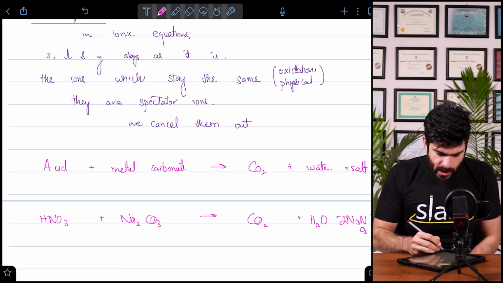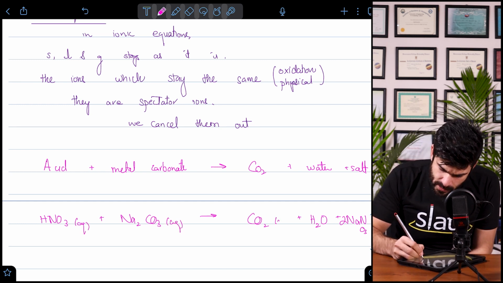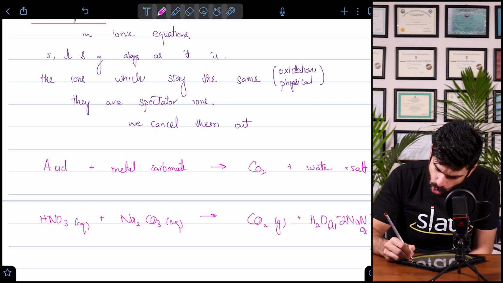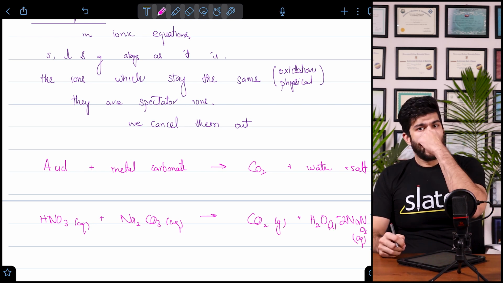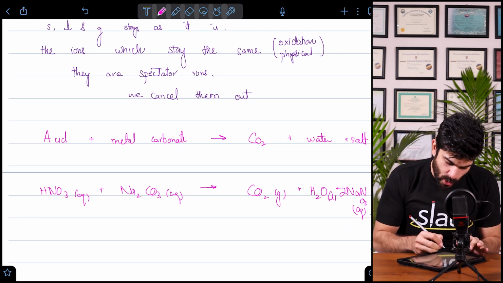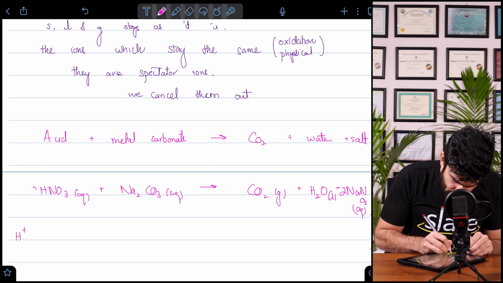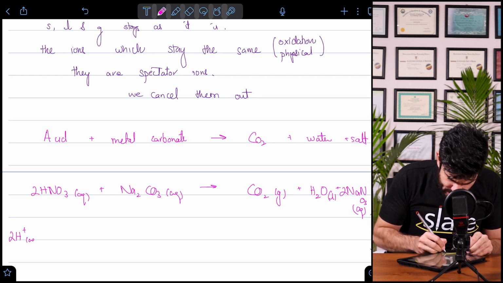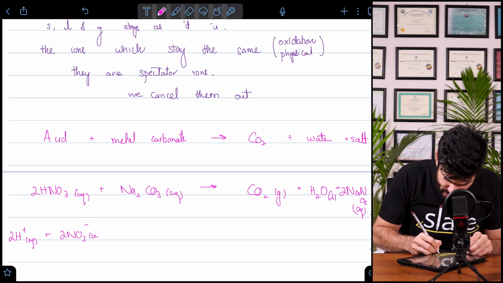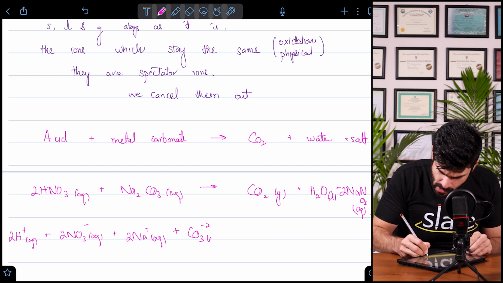So students, this is aqueous, this is also aqueous, sodium carbonate, this is gaseous, this is liquid, and this is also aqueous. So we are going to ionize the aqueous ones. If we ionize the acid in water, we get H plus, balance it by 2, so 2H plus aqueous ions, plus 2NO3 minus aqueous ions, plus 2Na plus aqueous, plus CO3 2 minus aqueous.